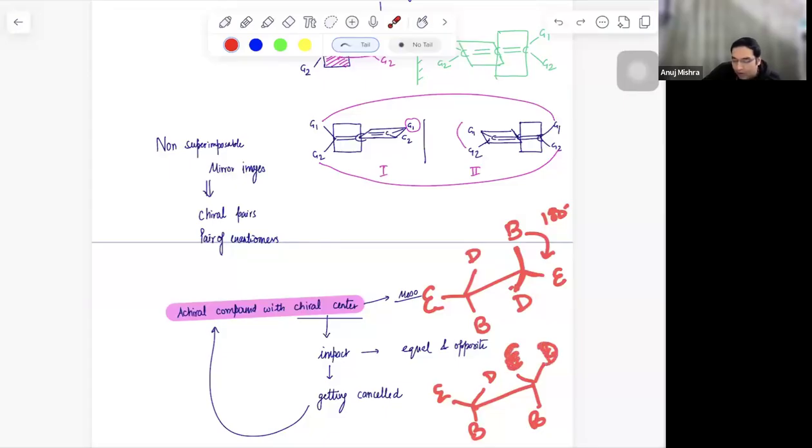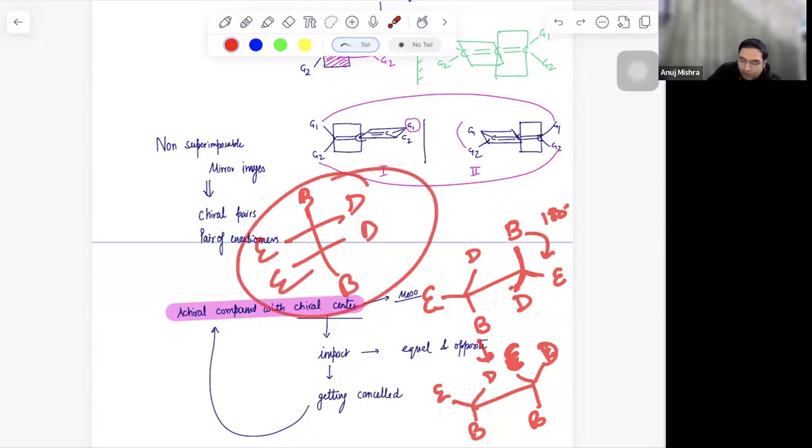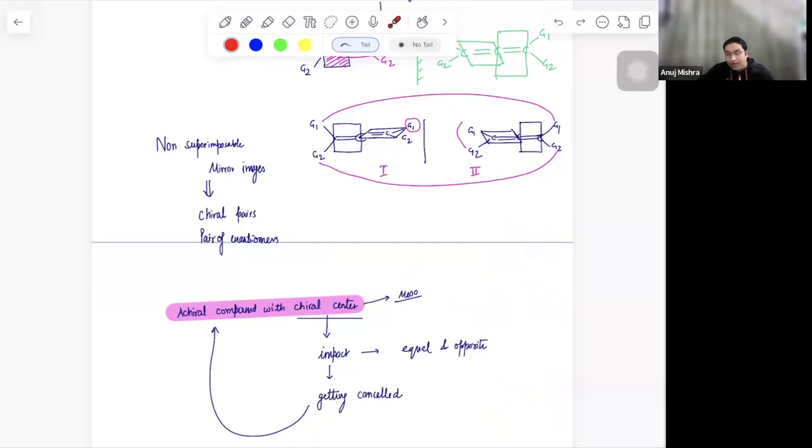B, E, D. Can you get that? Once you get this structure after rotation of 180 degrees, see from this angle. What do we have? B, B, E, D, E, D, which is a meso form. Yes or no? All this discussion happened in the last class. In case you missed the last class, please revise.